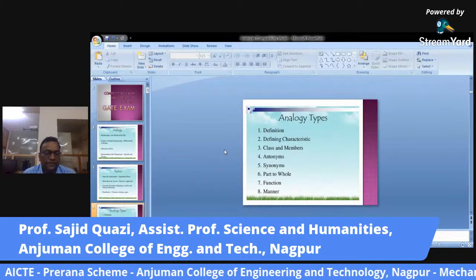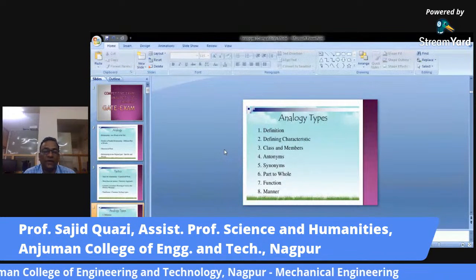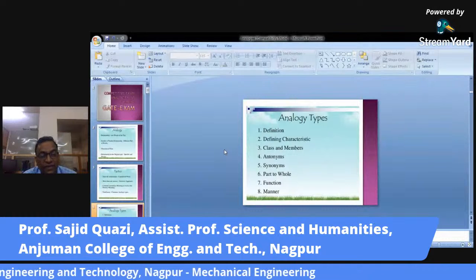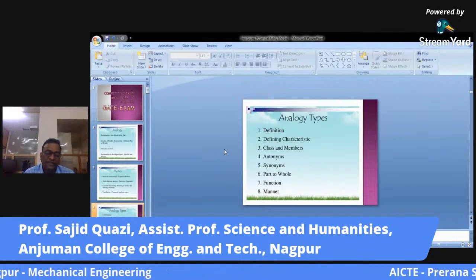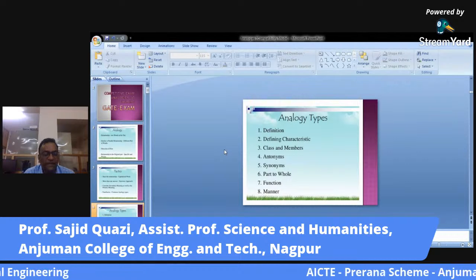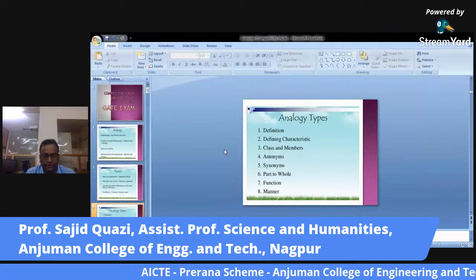Analogy types, see, this is very important. A question can be asked from any category given in this slide, so if you have an example of a particular type, you can definitely identify the correct pair for the remaining part of the question.